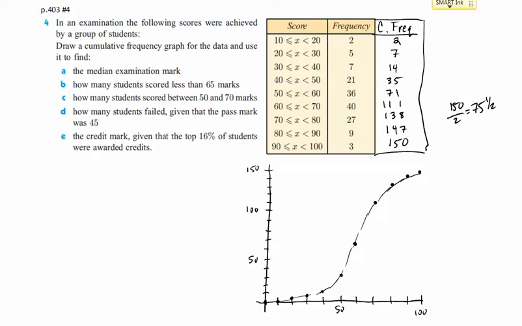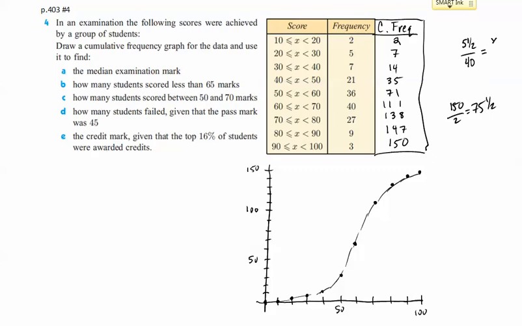Well, let's figure out how much that is. Between 111 and 71, there are 40 people. So there's 40 people, and I need 5.5 of them. And so if I want 5.5 out of 40, that's going to be equal to the 10-point gap that there is here, right, from the 60 to the 70.